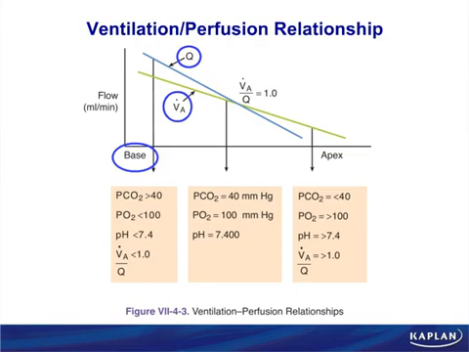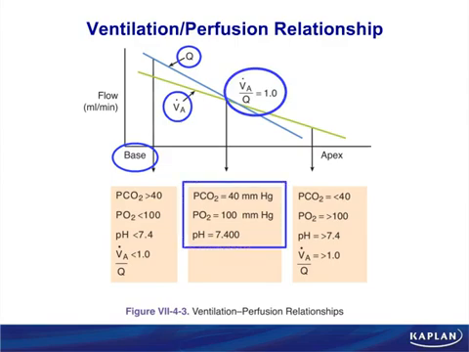All right, let's start with the following idea. Let's say that a VQ of 1 is perfect. Now, hopefully that's not too much of a stretch. All right, a VQ of 1, this is a ratio, ventilation to perfusion, would mean ventilation and perfusion are perfectly matched. Because if they're the same, perfectly matched, then the ratio will be 1.